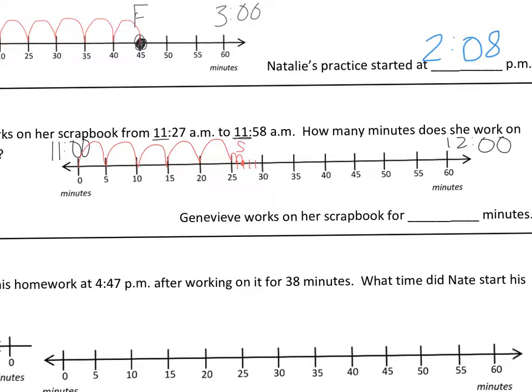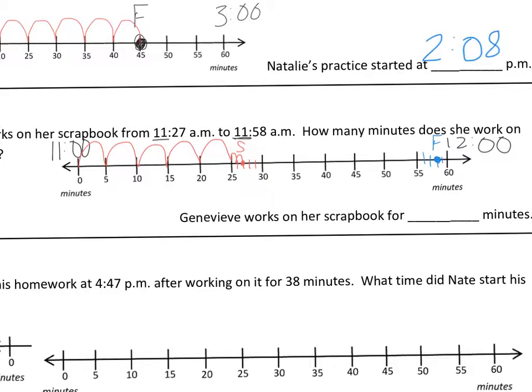So instead of making jumps all the way across, let's think about where 58 would come. 58 comes in between what 2 numbers? Does it come in between 50 and 55 or 55 and 60? Comes in between 55 and 60. So let's draw our lines. And if I have 55, my next number is 56, 57, 58. So I'm going to draw my next dot for finishes on 58.